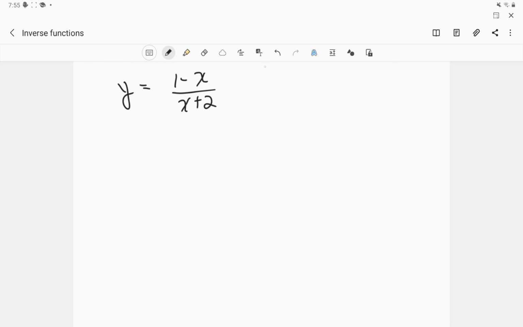So x then is equal to 1 minus y over y plus 2. So the problem with this is that now you have two y's, not just one. So that's a problem.